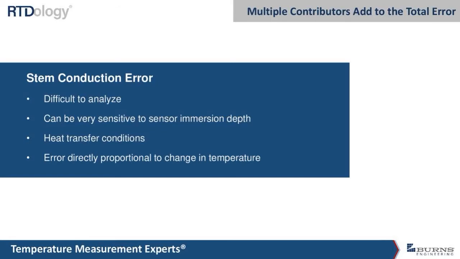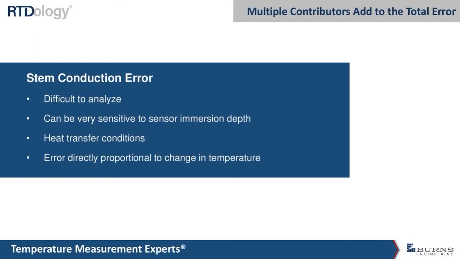A lot of it is due to the stem conduction. I think maybe I'll just start going through this, and that will help answer the question about how selection of a thermal well can affect the measurement error.